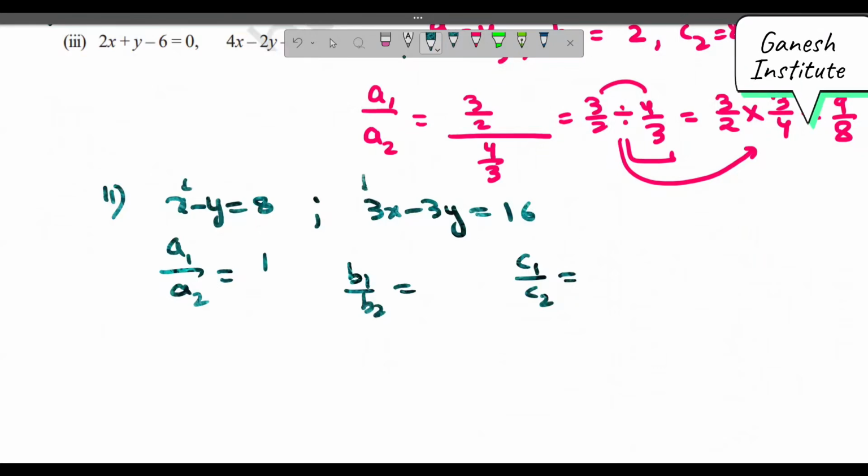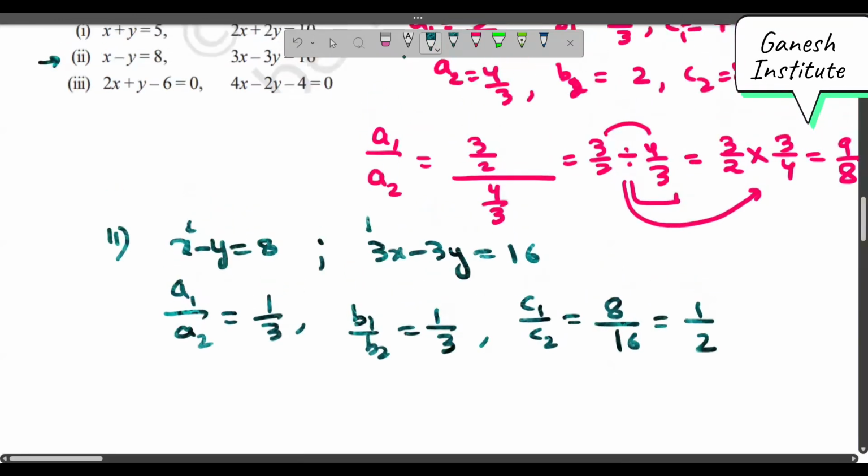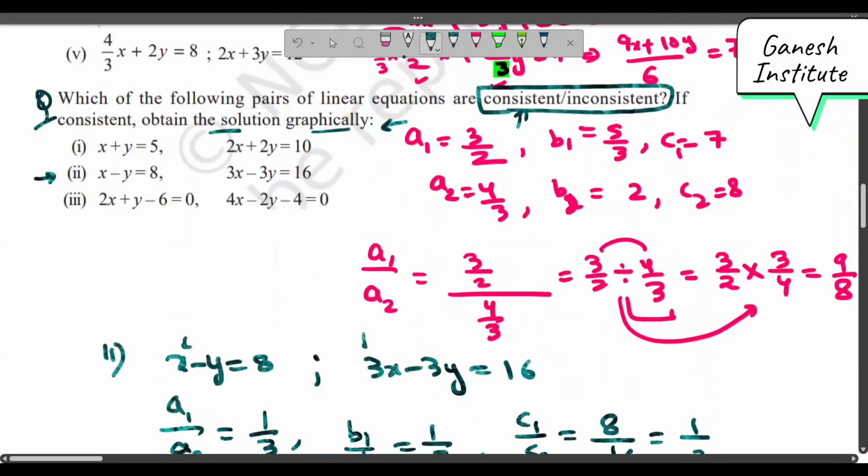B1 over B2 would be minus 1 over minus 3, so 1 over 3 again. And then it would be 8 over 16, which is 1 over 2, which would be the inconsistent case. Inconsistent. I should not have picked it.